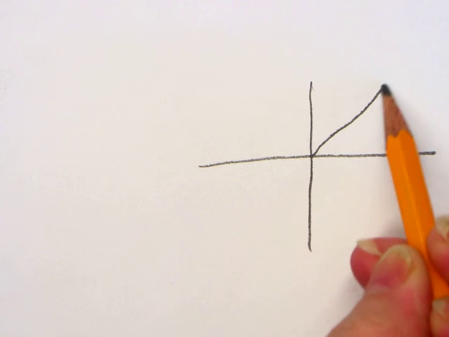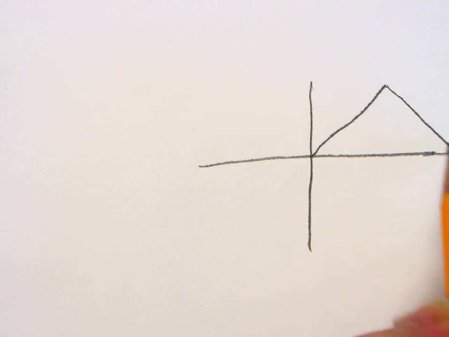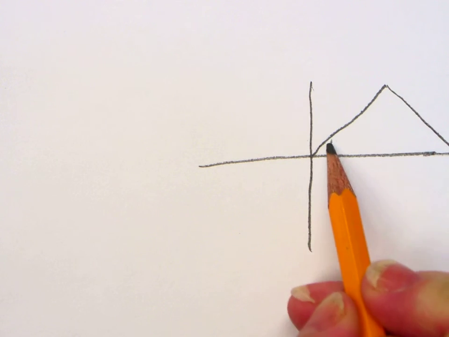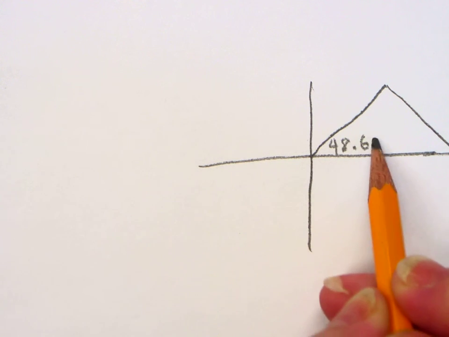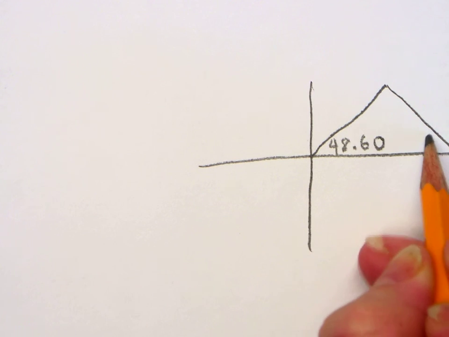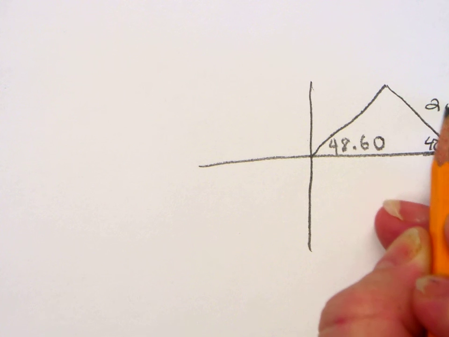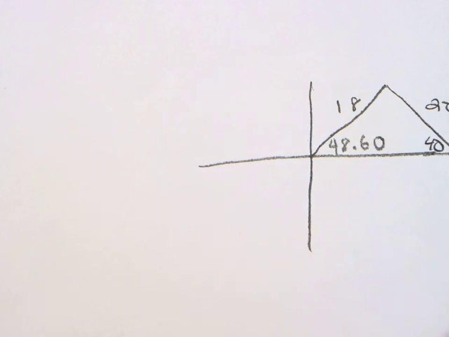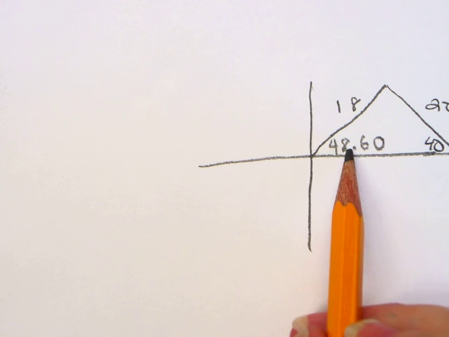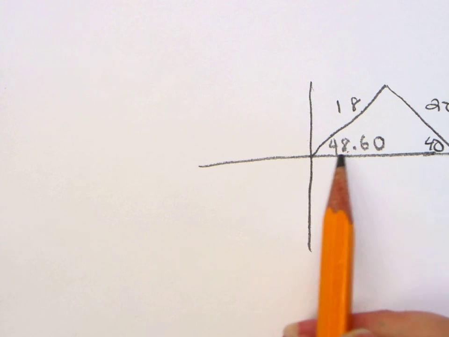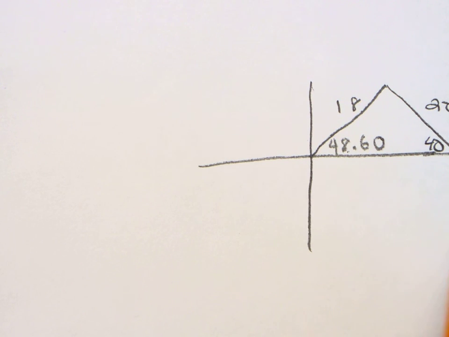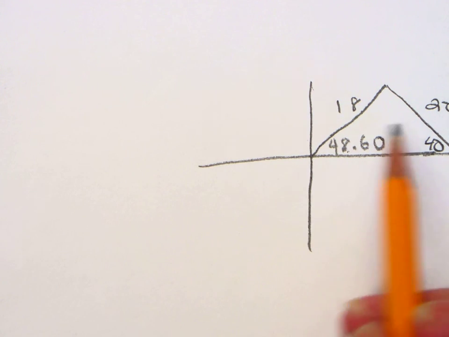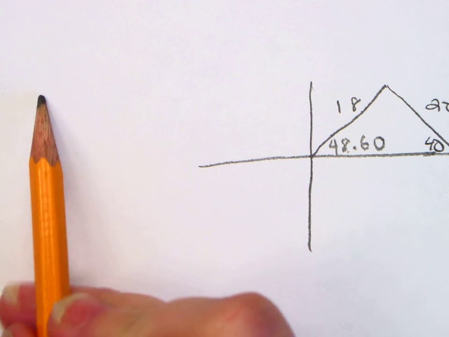So it's about like that. This was 48.6. We had our 40, 20, 18. So this was the triangle I figured out. But sine of 48.6 was that angle, but what if it wasn't in quadrant 1? What if it looked like this?